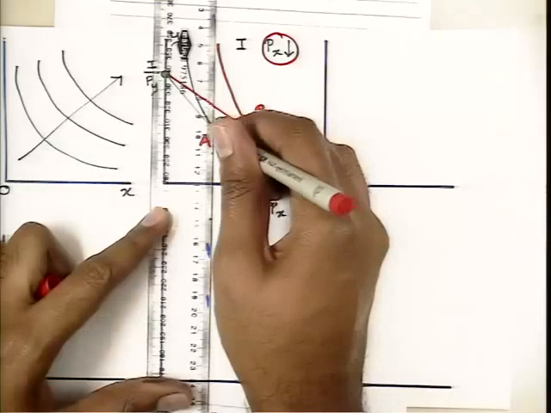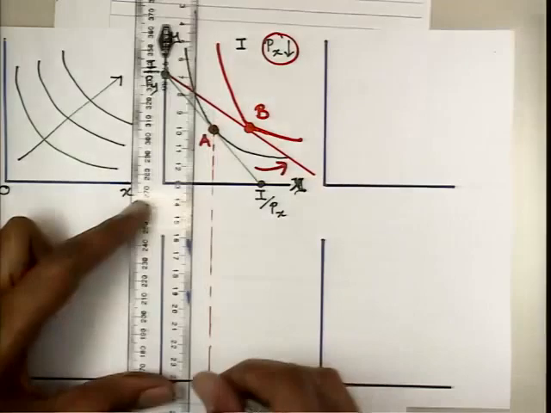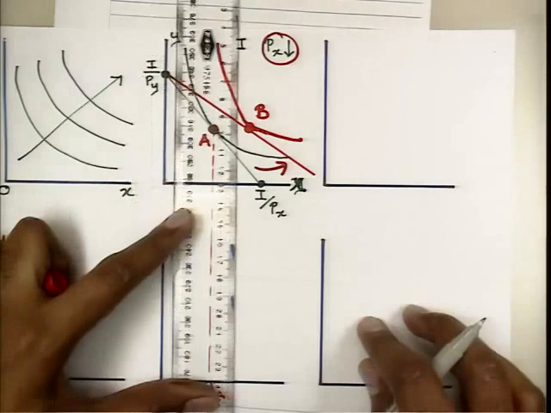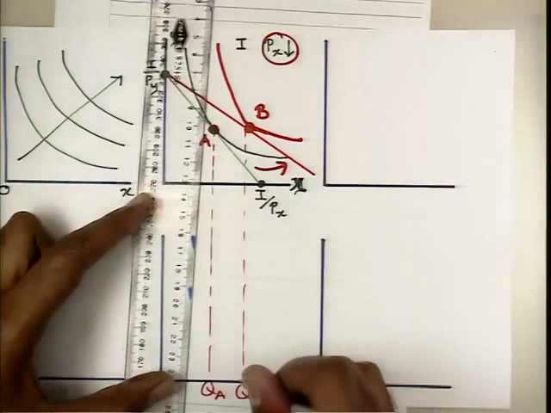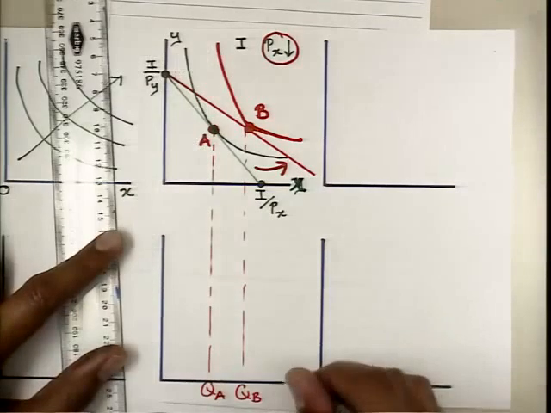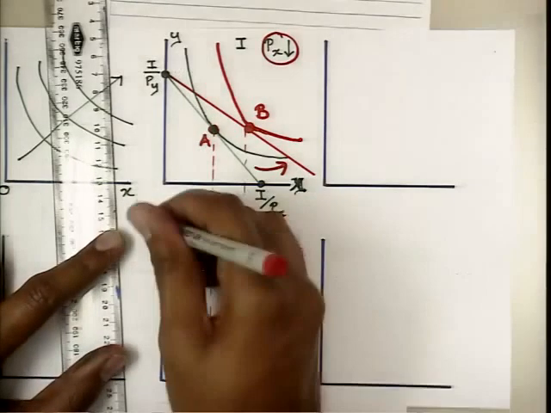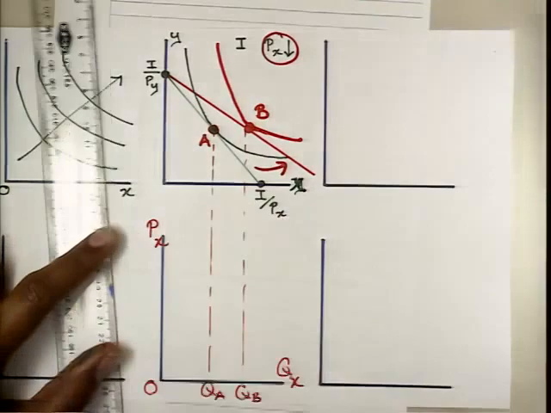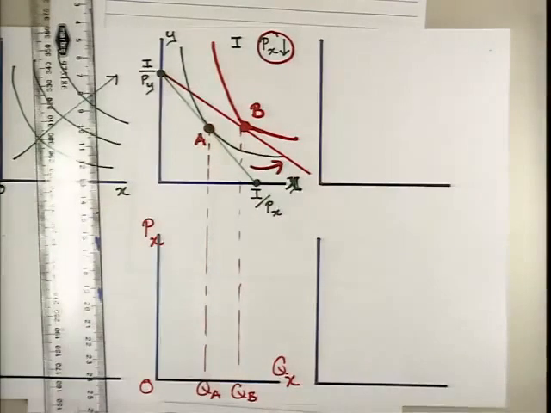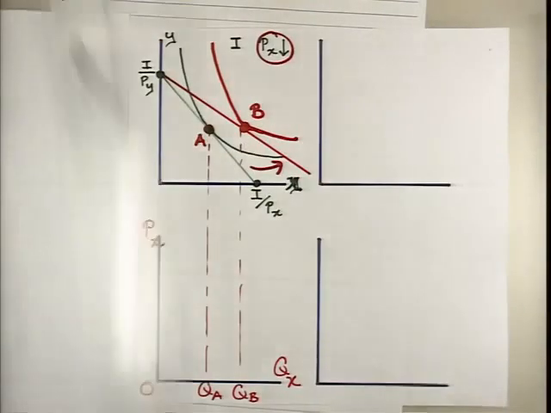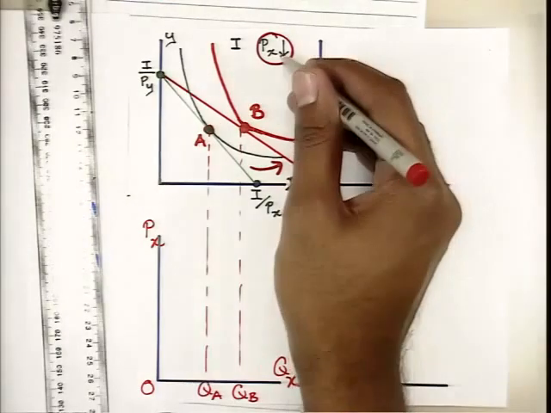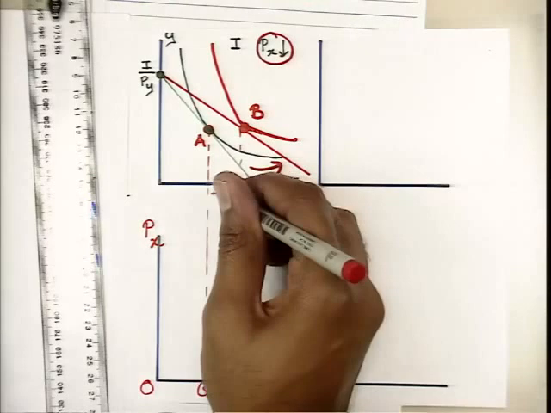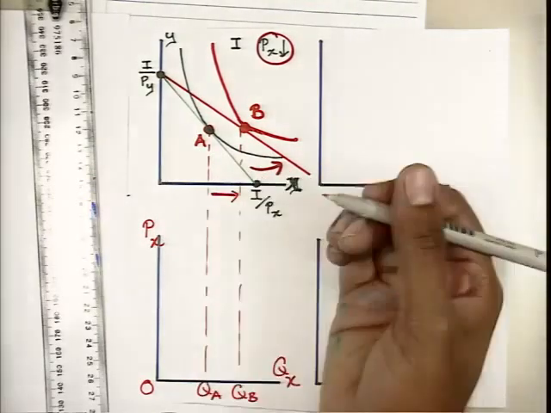I used to be able to buy quantity A, but now I am buying quantity B. What I'm buying is good X, and I'm looking at it in terms of the price of X. The price of X went down, the quantity of X went up.